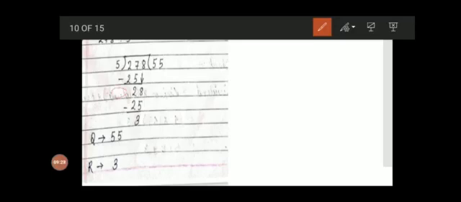Now 8 will be downside. It became 28. Now 5 into 5, 25. Now we will subtract: 28 minus 25, we get 3. It means 55 will be the quotient and 3 will be the remainder. Okay, hope you all have understood.